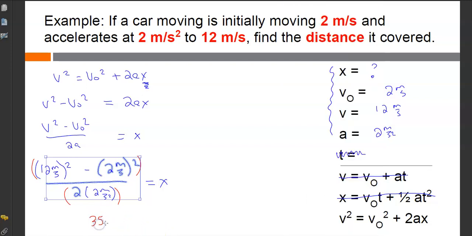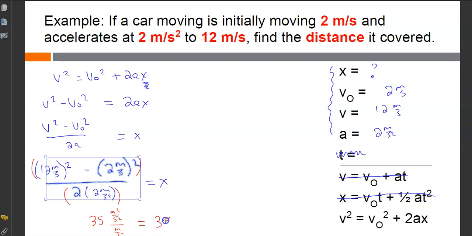How do I know it's meters? Well, up top I'd have meters squared over second squared, right? Not only does the 12 get squared there, but the meters get squared. Everything inside the parenthesis gets squared. And then here's meter per second squared. The meter gets squared, the second gets squared. On the bottom, though, I've just got meter per second squared like that.